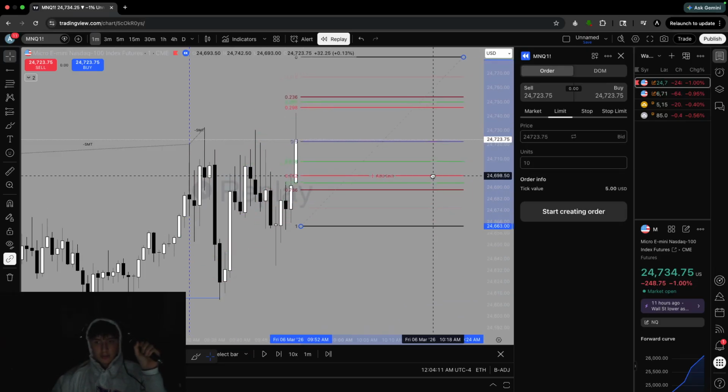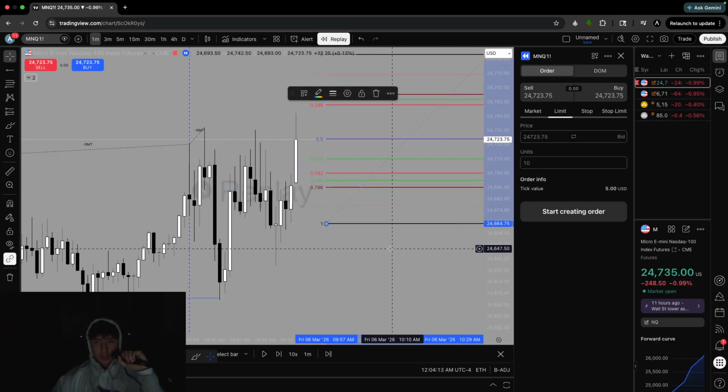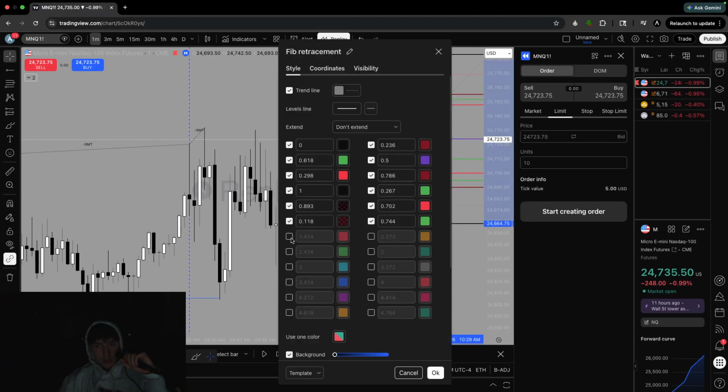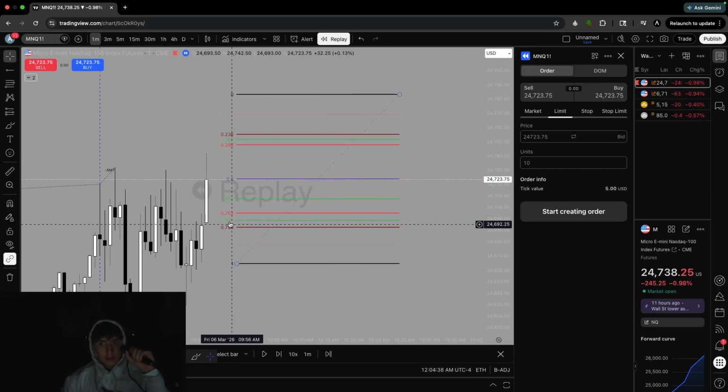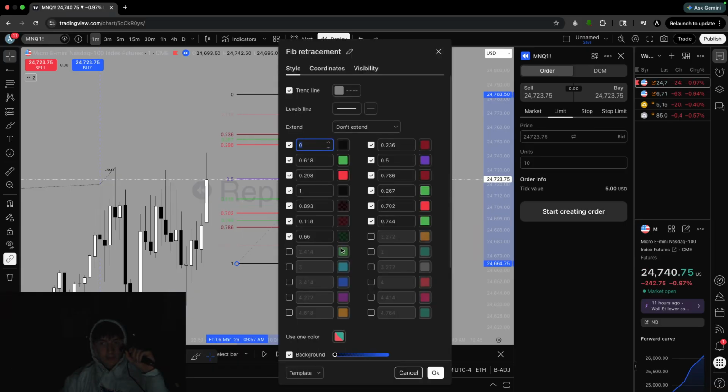All right, let's do this. Alexa, what's 618 plus 702, all divided by 2. 660. We're going to go green. We're going to go opacity faint. Well, that's a little too faint.